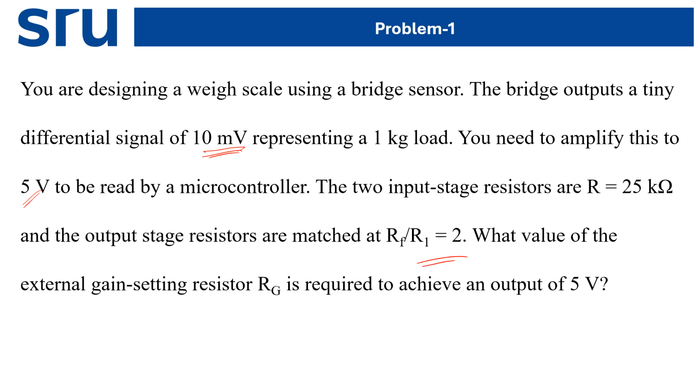Now, what value of the external gain setting resistor Rg is required to achieve an output of 5 volt? Here, first we will try to understand what kind of amplifier this is, and then we will solve the problem. From the mentioned values we can easily understand that this is an instrumentation amplifier.